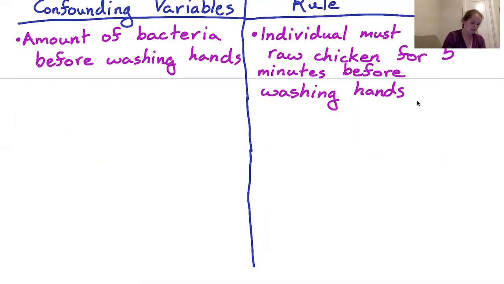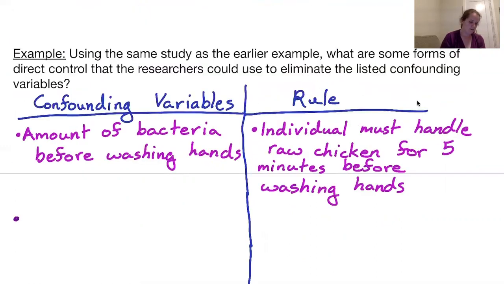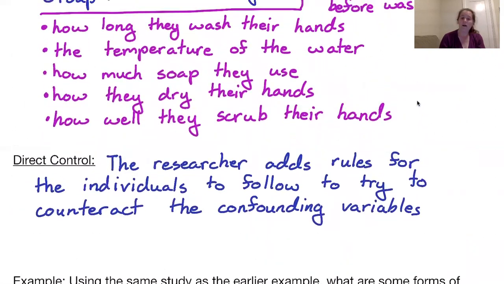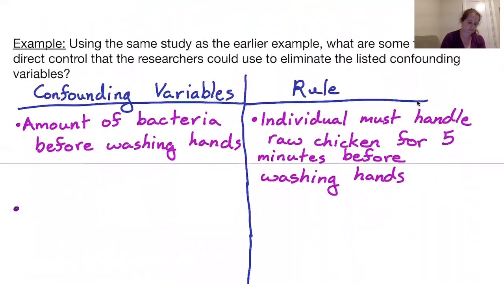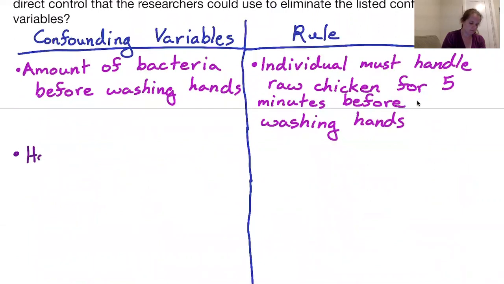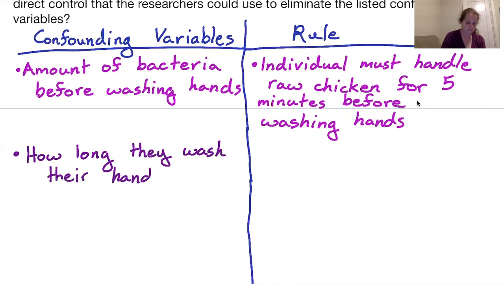Then next up, the next confounding variable was how long they washed their hands. And the rule that they might apply is that they have to wash their hands for 20 seconds.